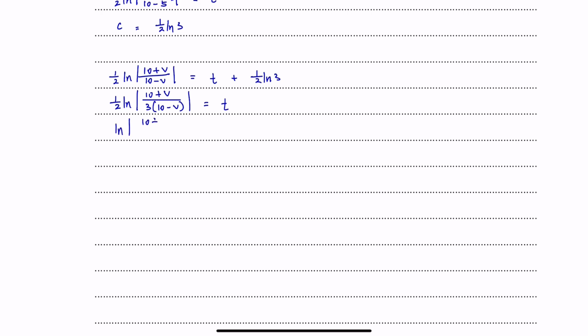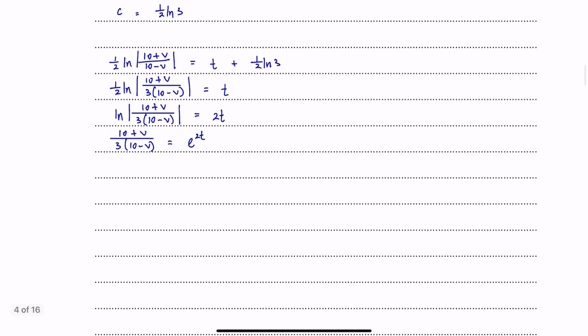ln of 10 plus v over 3 times 10 minus v equals 2t. So 10 plus v over 3 times 10 minus v is e to the 2t.